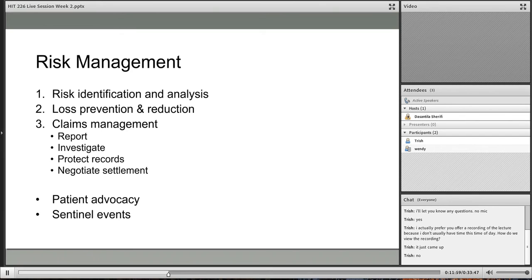Okay. And the third one is, because we can't prevent everything, and sometimes things are going to get damaged, or there might be even clinical mistakes, and patients might die because of medication errors and things of that nature, there is definitely a third major activity that's dedicated to claims management. Okay, and that's reporting the issues, investigating the issues.